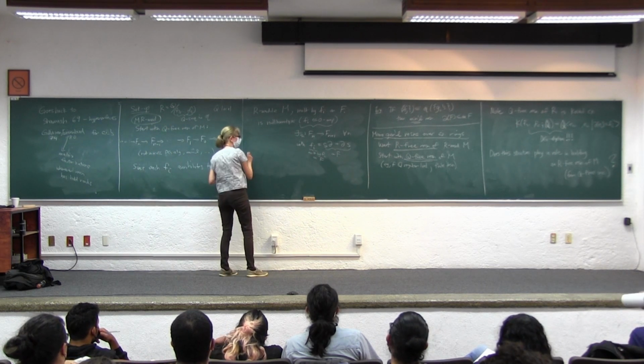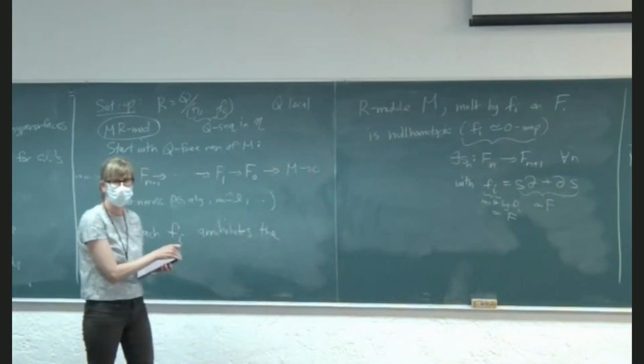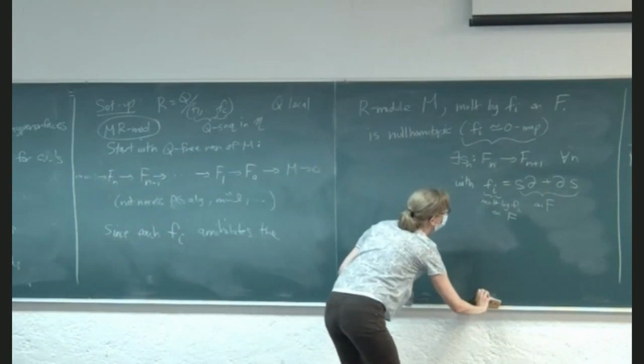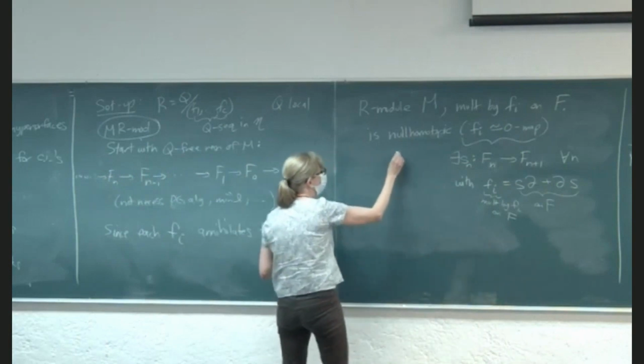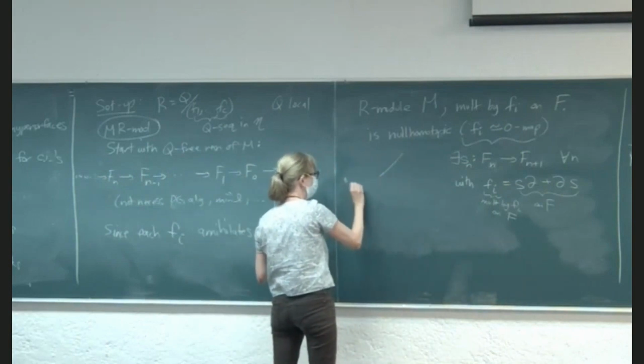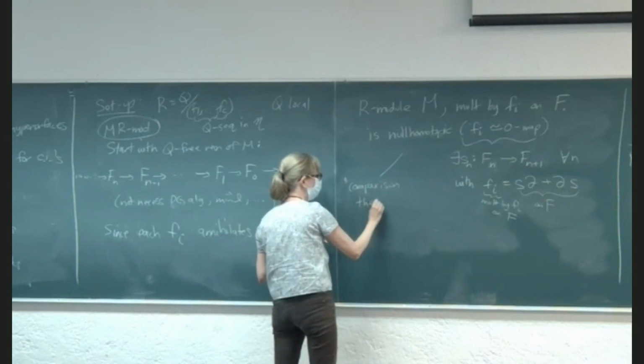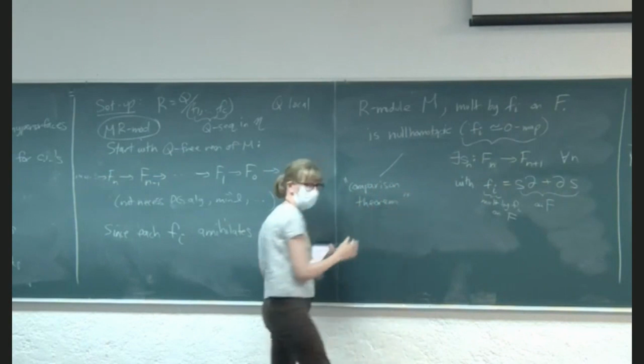And so here goes, is this okay? So why is this true? This is by something called the comparison lemma, comparison theorem. If you look in a homological algebra book, you'll see it.